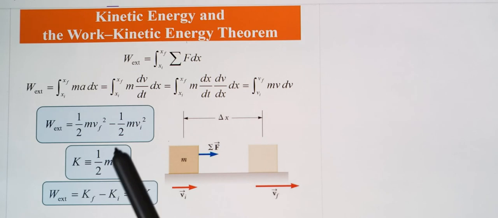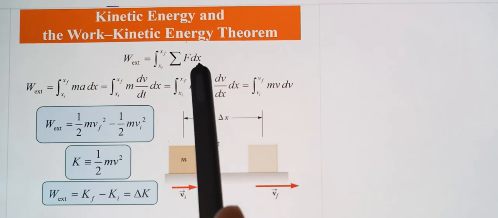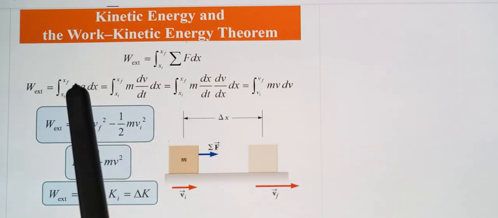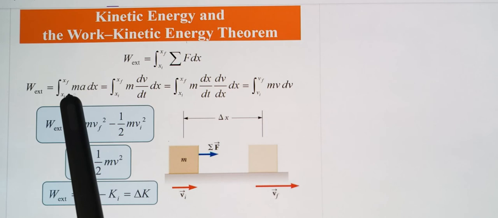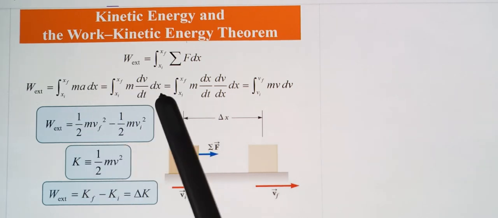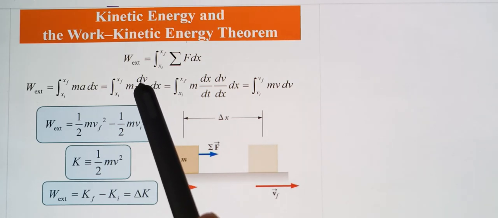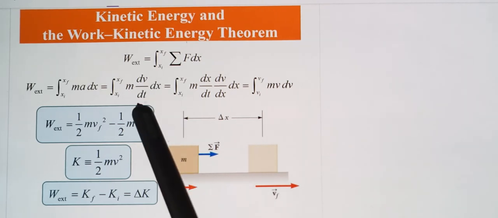We start with f is not constant, so we do an integral of f dx. But what is f? It is ma. And what is a? It's dv over dt. But what is v? Well, v is dx over dt.